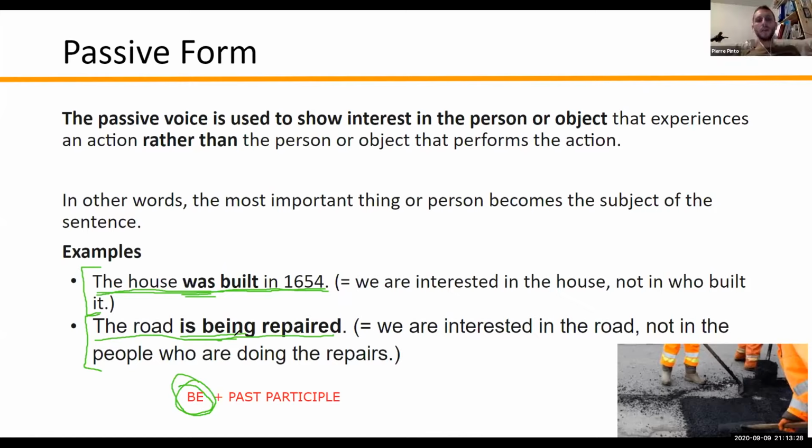And can we use have also? Yeah. Okay. We can make passive voice present perfect. So we can say have been repaired, or we can say the future will be repaired. Okay, but the past participle is like your constant, and the verb be is what's going to change. Okay, excellent.